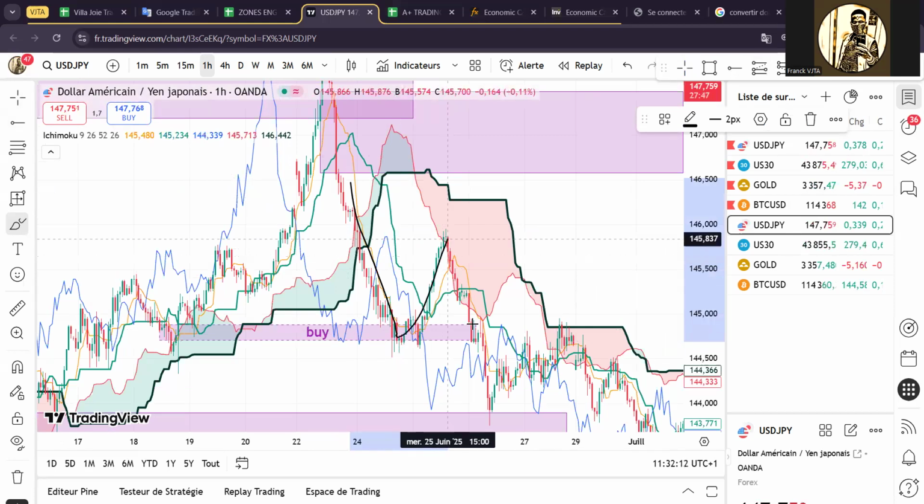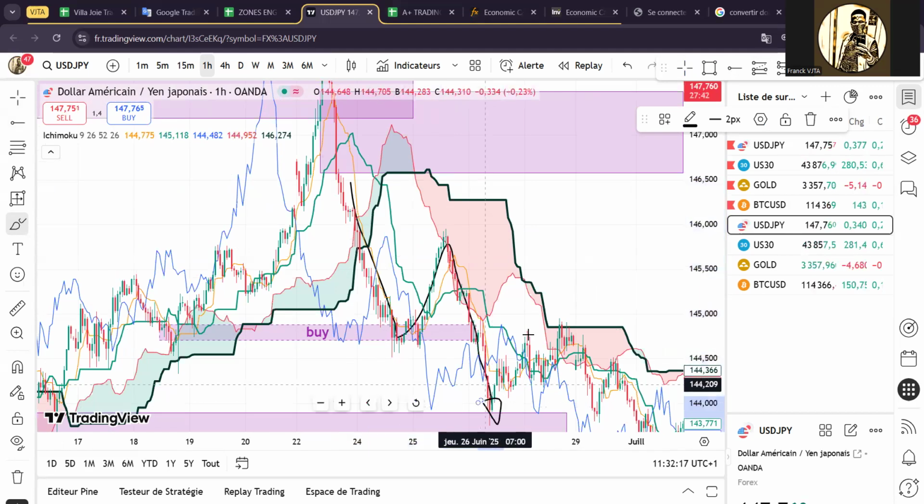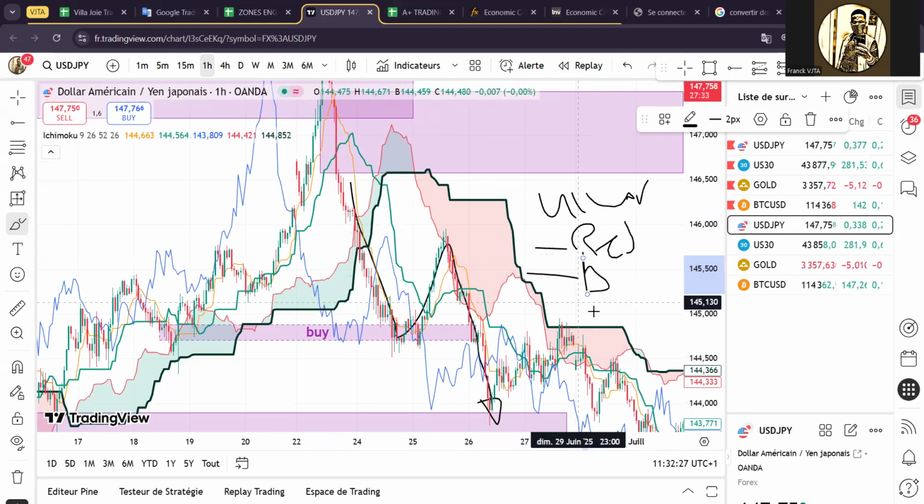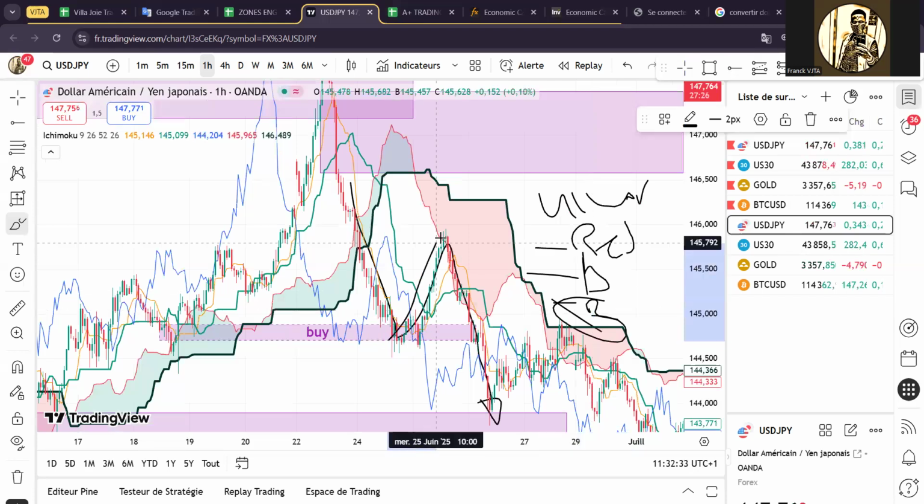Then the next move, the next touch was what? A breakthrough. So as I told you, a minor zone can rebound, can break through, or in rare cases, reverse. This is very rare, the bottom one. In this case, it will rebound first, then break through.